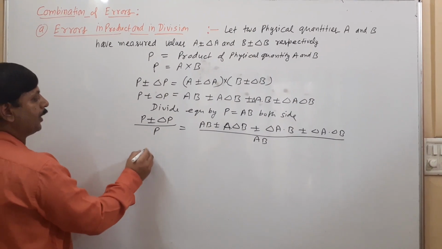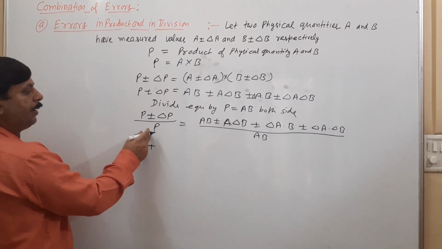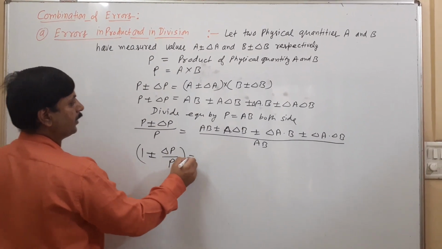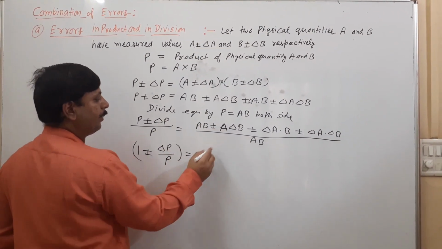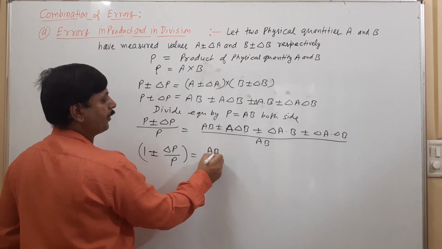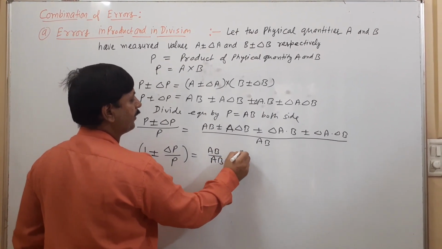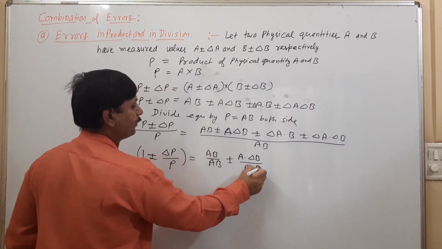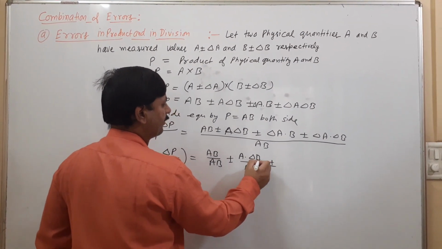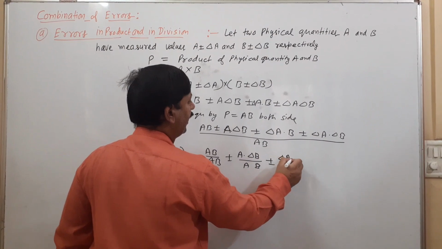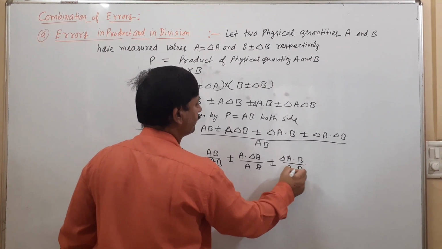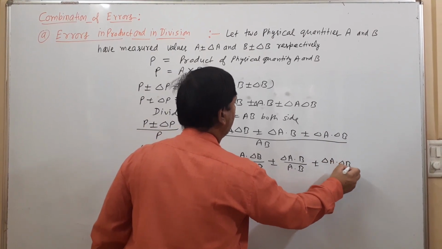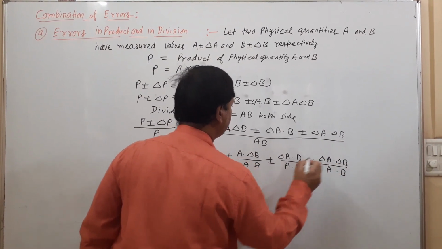So P upon P, 1 plus minus del P upon P, is equal to AB upon AB plus minus A into del B upon AB plus minus del A into B upon AB plus minus del A into del B upon A into B.